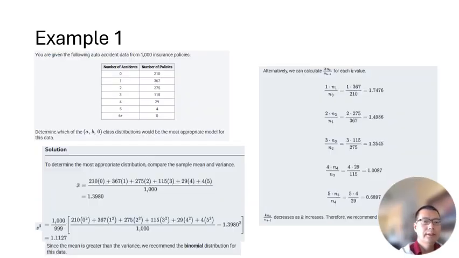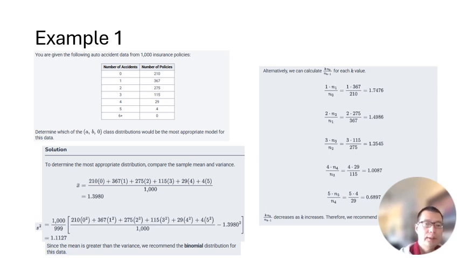Now let's look at example 1. You are given the following auto accident data from 1,000 insurance policies, and determine which of the AB0 class distribution would be the most appropriate model for the data.